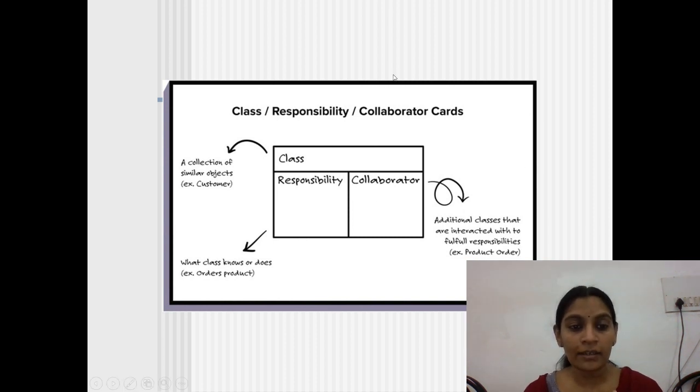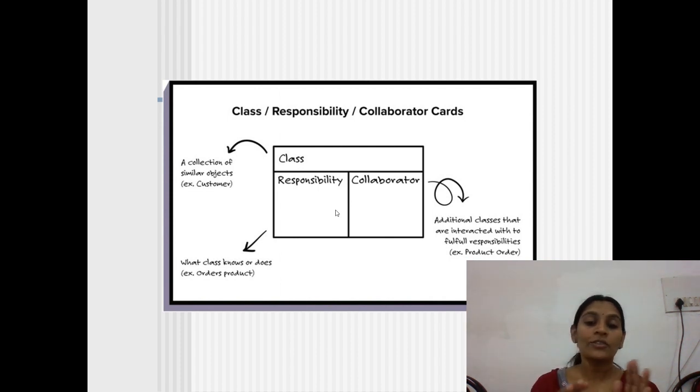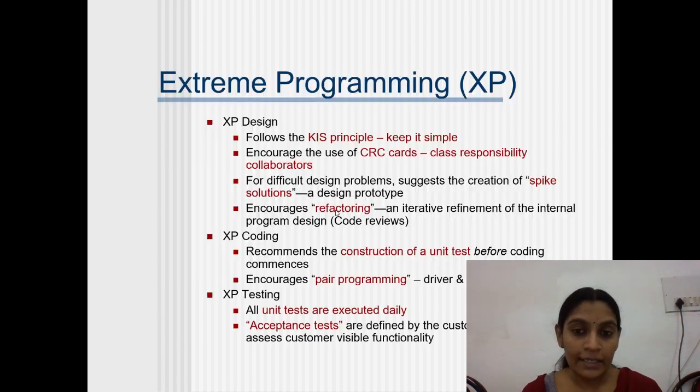Every class will have its own role and responsibility. So what is expected from that particular class is mentioned under the responsibility column, and the collaborator column gives information about all the other classes that are going to collaborate with this class, or the dependency or relationship, you can say. All those things will be mentioned in your collaborator column. So this is an example of a class responsibility collaborator card.